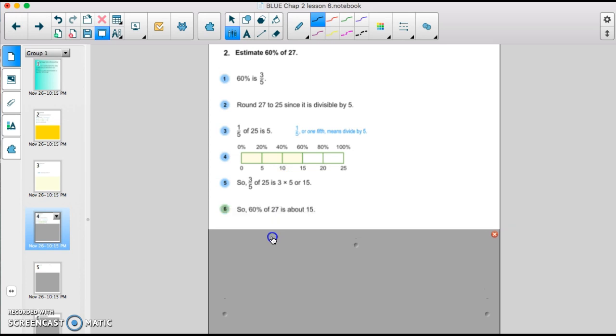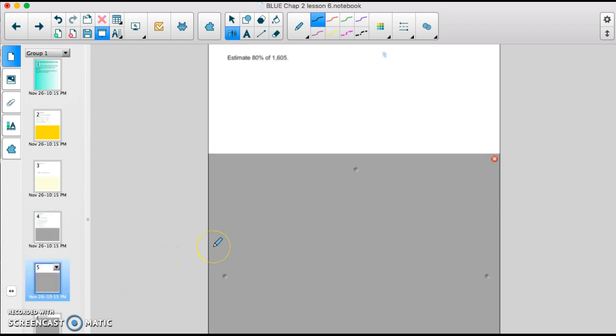So 3/5 of 25 is 3 times 5, or 15. So if we were to approximate again, 60% of 27 is about 15. Go ahead and see if you can do this one. So think of your benchmarks that equal 80%, and then think of what you could round 1,605 by, and see if you can come up with the answer.